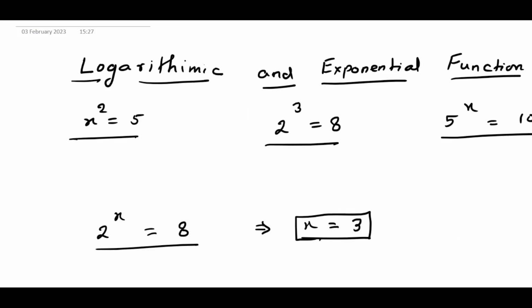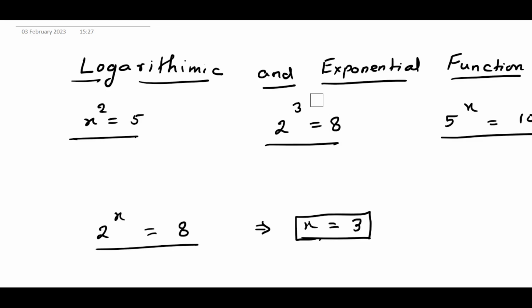There is another function, logarithmic function. Now, logarithmic function and exponential functions are inverse of each other. You have learned something called inverse function, right? Inverse function is just the reverse of a given function in the sense that your output will become input and input will become output.